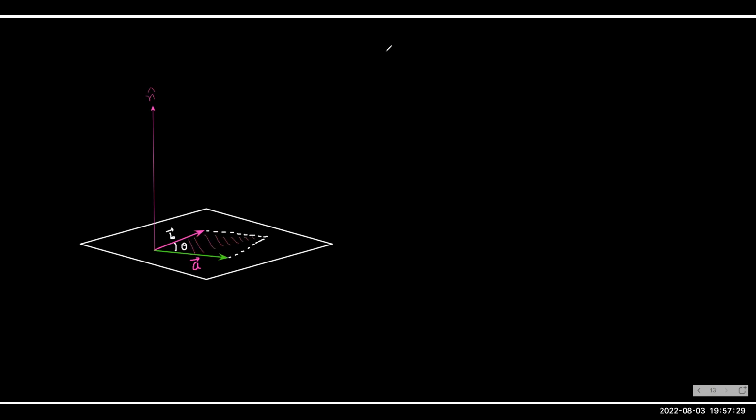How to draw the volume? So let's say I bring a third vector which is not in the plane. It is somewhat above the plane like this.